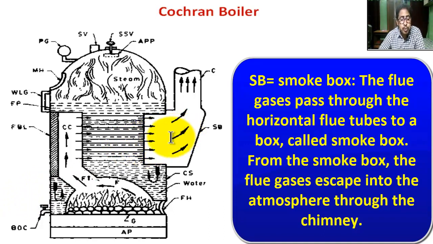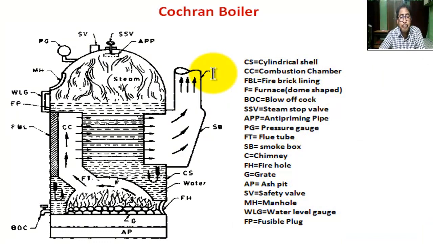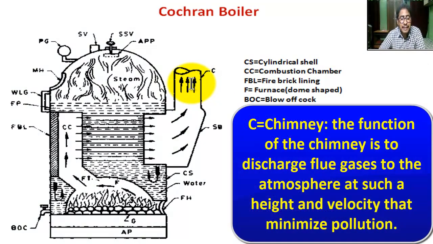Through this box, flue gases escape into the atmosphere through the chimney. C is the chimney. The function of the chimney is to discharge flue gases to the atmosphere at such a height and velocity that minimizes pollution.